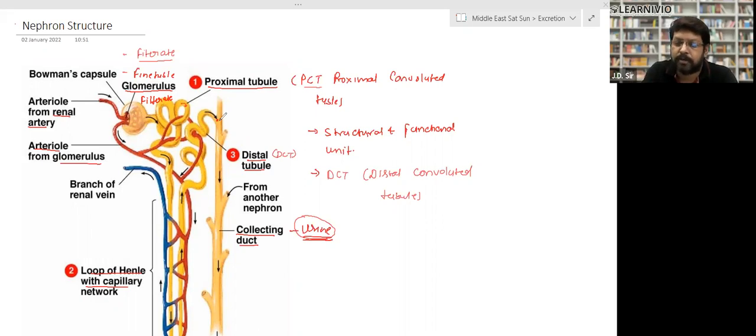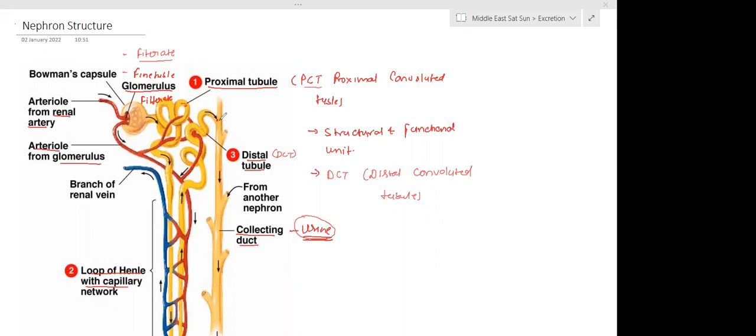Keep on writing in the same point. Filtrate has urea, water, minerals, glucose, amino acid, and other important substances. So can you repeat?